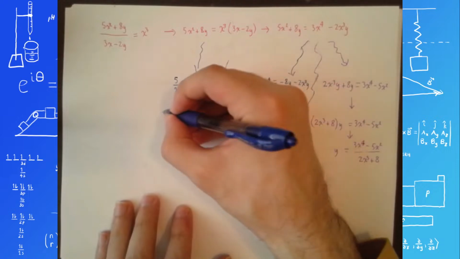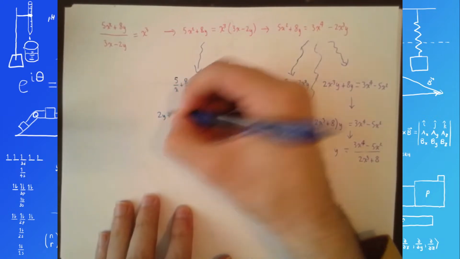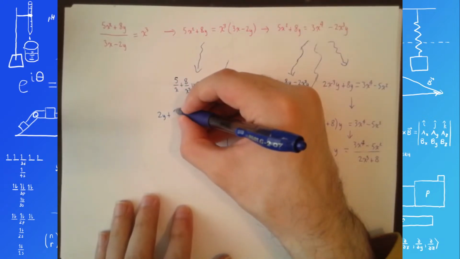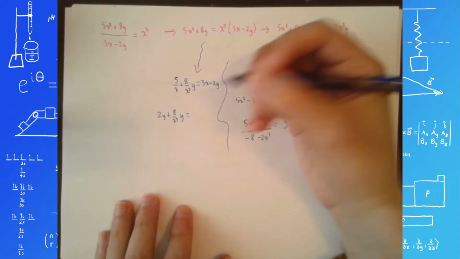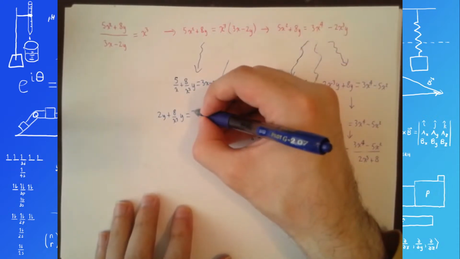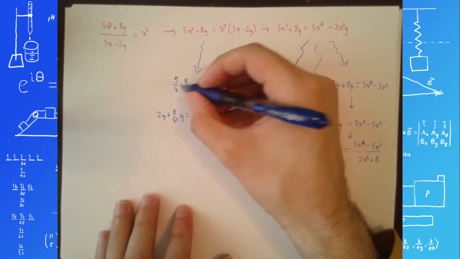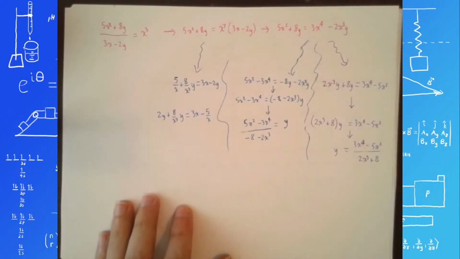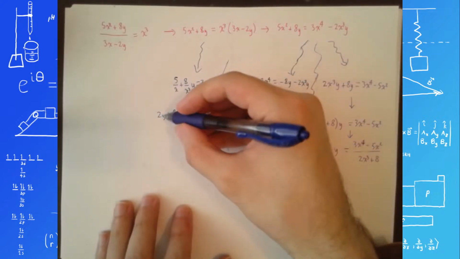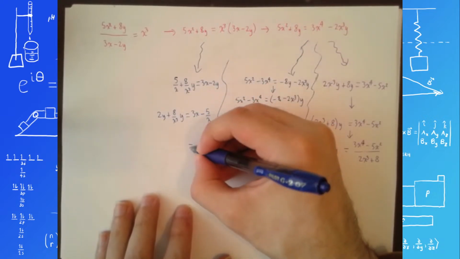So I end up with 2y plus 8 over x cubed y equals 3x, and then subtract 5 over x to the right. Factor out the y.